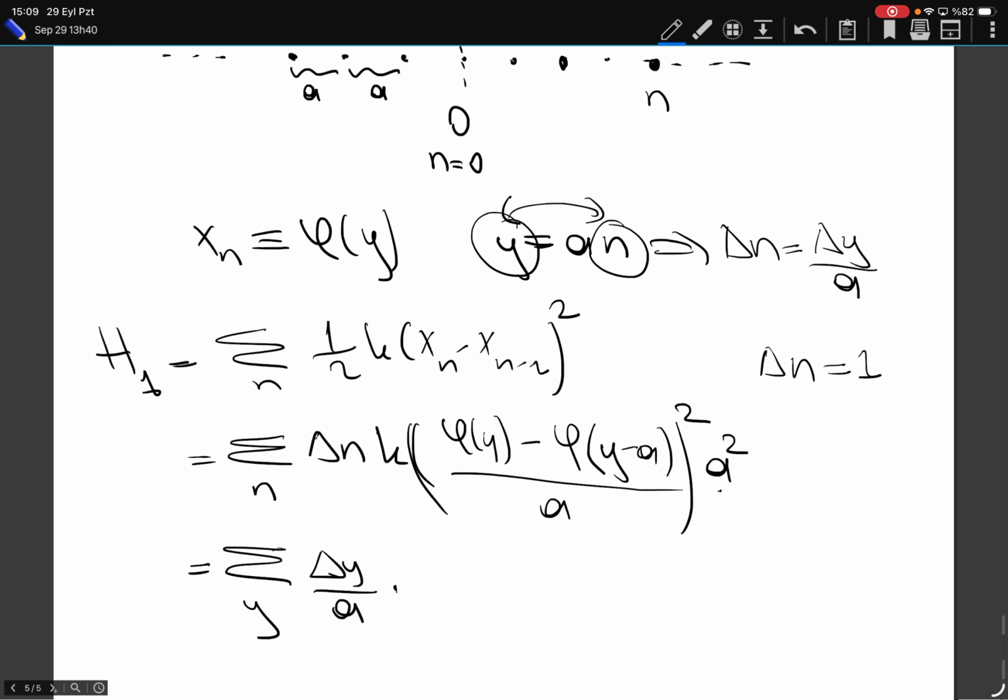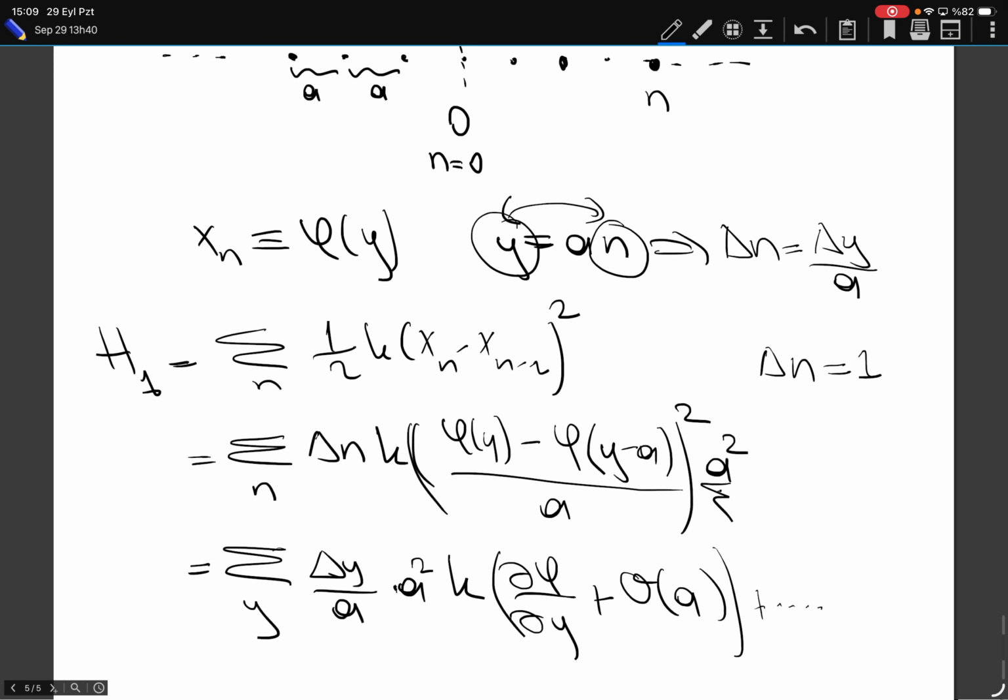Then I have this a squared over here, k, multiplied by the derivative of phi with respect to y squared, plus terms of higher order in a.